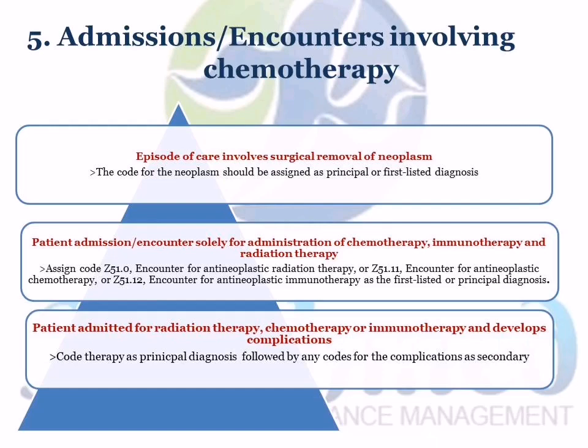Before, we said that if a complication arises and the patient has been admitted due to the complication, then we assign the complication as the principal diagnosis, and the type of malignancy as a secondary diagnosis. In this particular case, when the patient has come for a particular therapy, and because of the therapy any complication arises, code therapy as a principal diagnosis, followed by the complication as a secondary diagnosis.